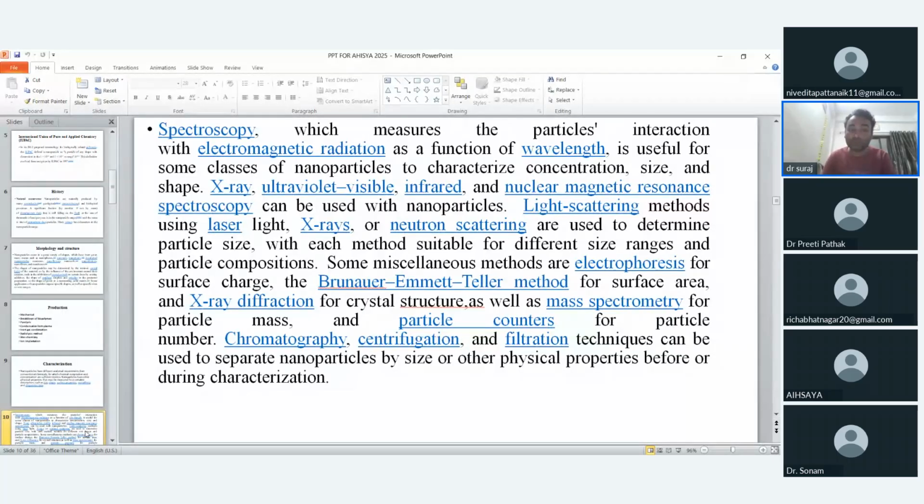UV visible spectrophotometer is one of the devices which can be used to measure the size of this particle and the concentration of this massless particle. Another one is electrophoresis for the surface properties, XRD (X-ray diffractometer or X-ray diffraction technique), mass spectroscopy, chromatography, centrifugation and filtration.